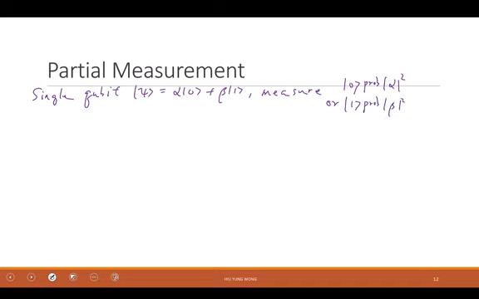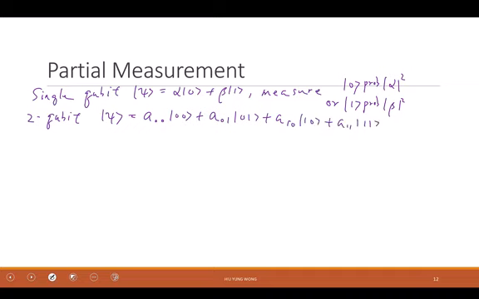That's okay, good. Now you have a 2 qubit system. Then, of course, it can be a linear combination of 4 states, right? This A10 and then A11, right?